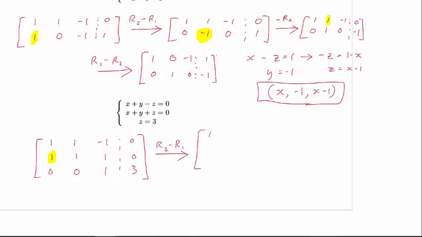Okay. And so row 1 stays the same. Row 3 stays the same. Now we do our operation. So 1 minus 1, that's 0. Next one, 1 minus 1, also 0.